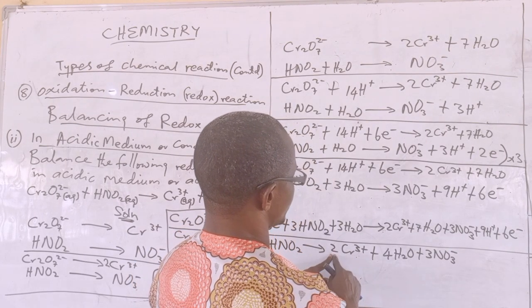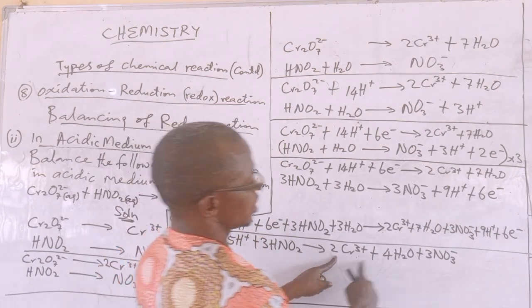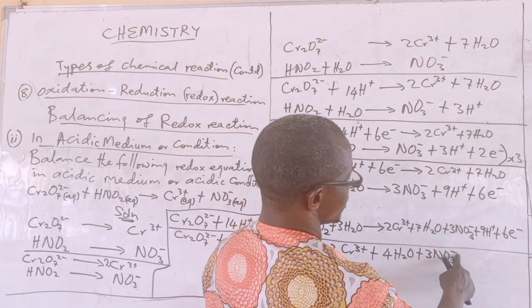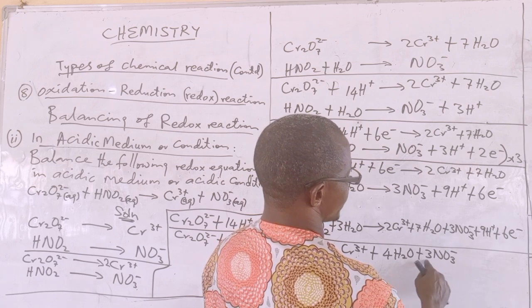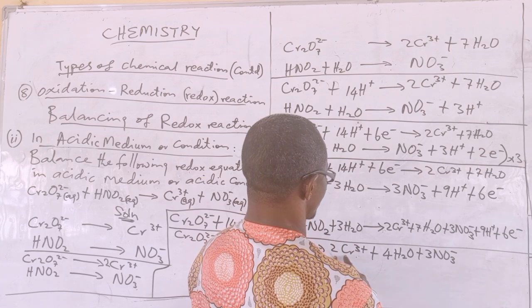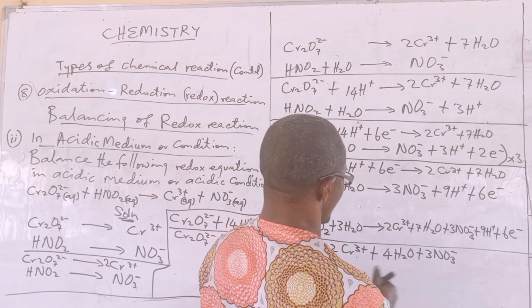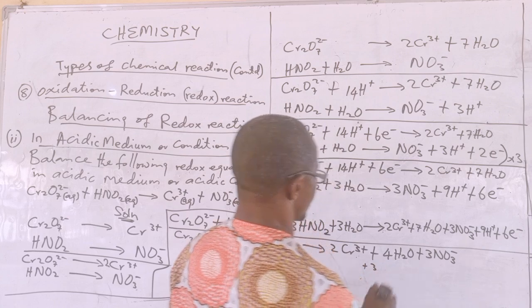Okay. Now, the charge here. 3 times 2 is what? 6. Plus 6, and here is minus 3. What, minus 1 times 3? That's minus 3. Minus 3 plus 6. You are left with what? Plus 3.